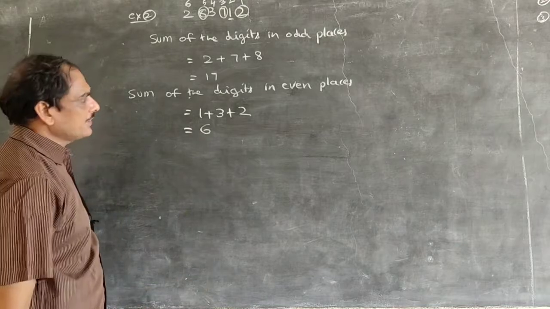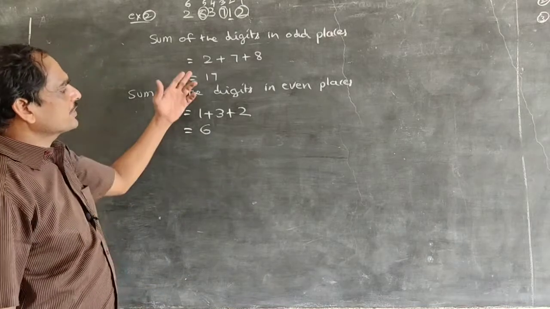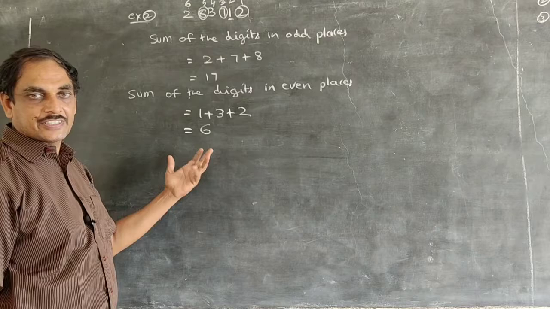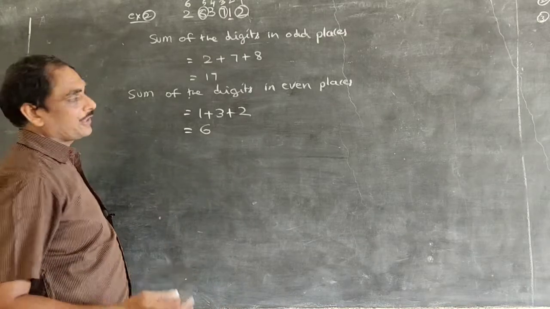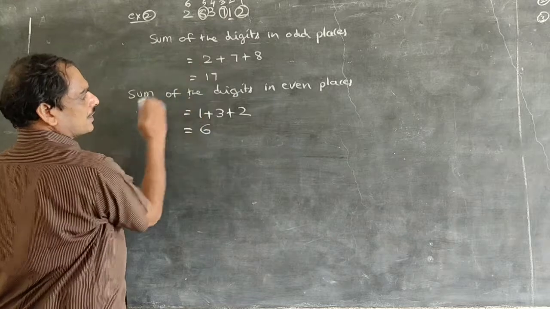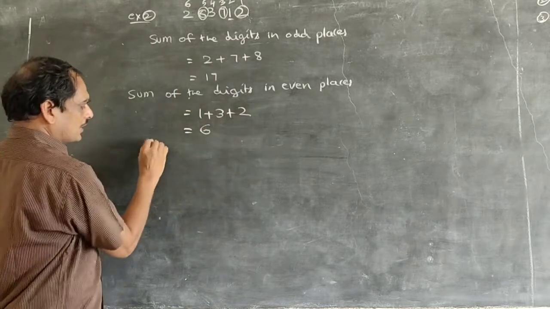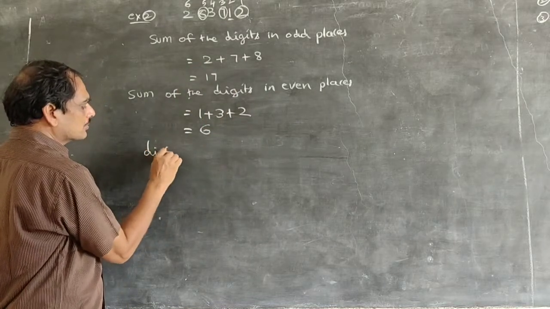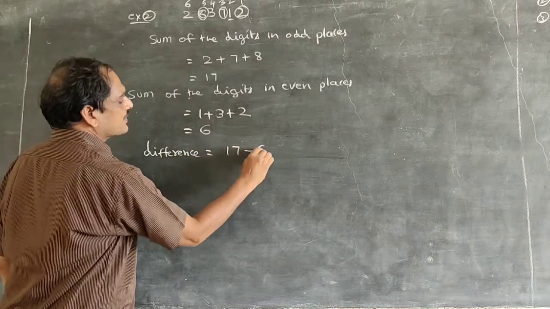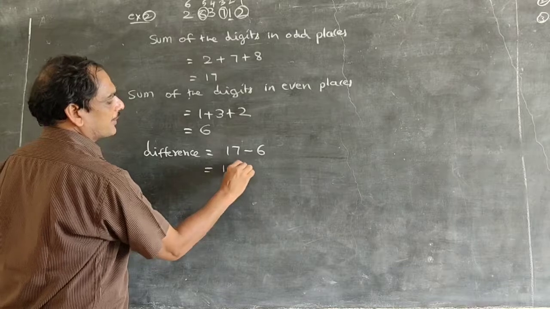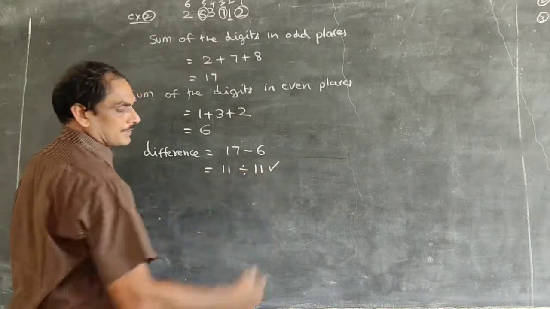But in this case, the sum of the digits in odd places is not equal to the sum of the digits in even places. So we find the difference between the sum of the digits in odd places and the sum of the digits in even places. Difference is equal to 17 minus 6, that is equal to 11, which is divisible by 11.